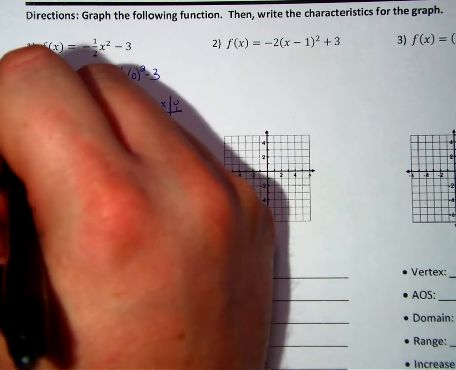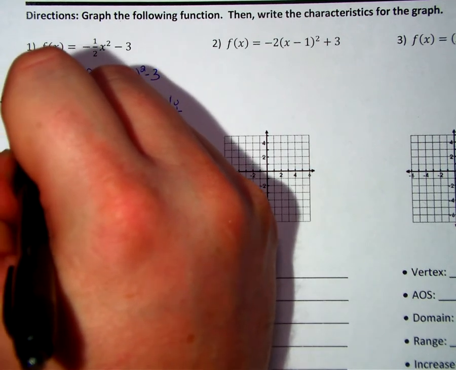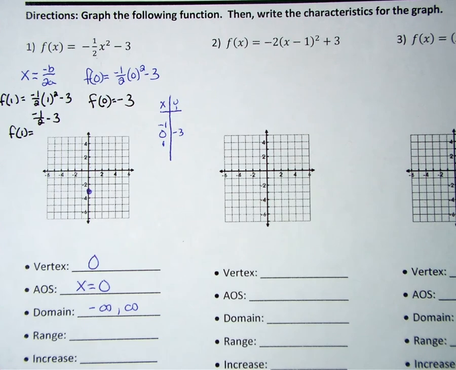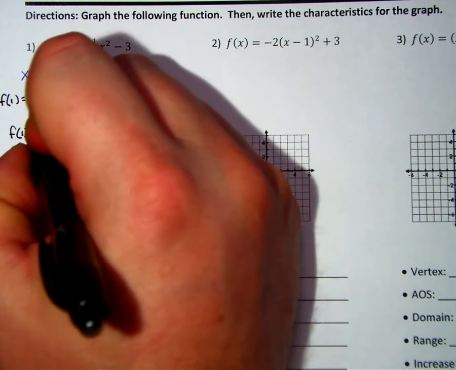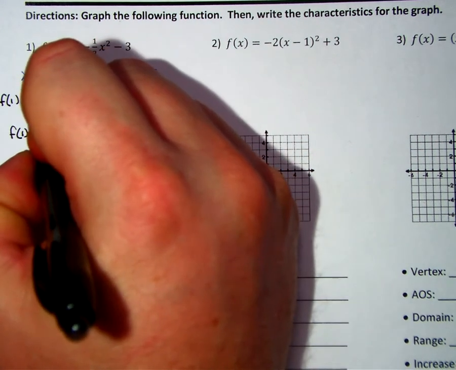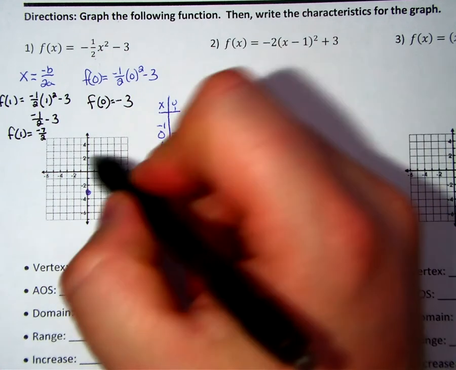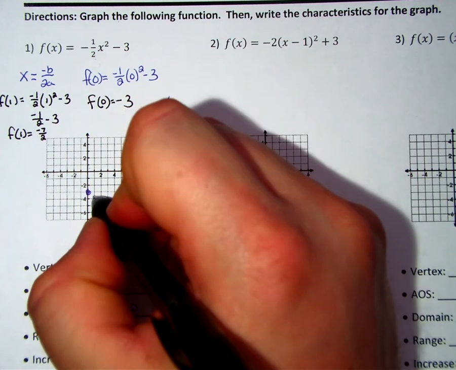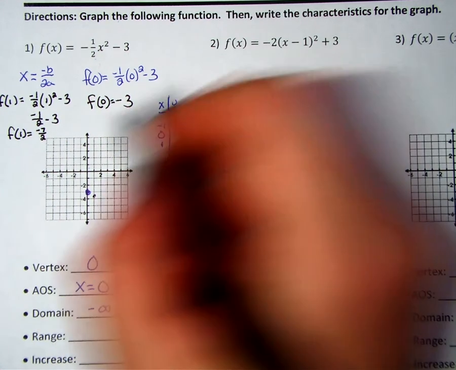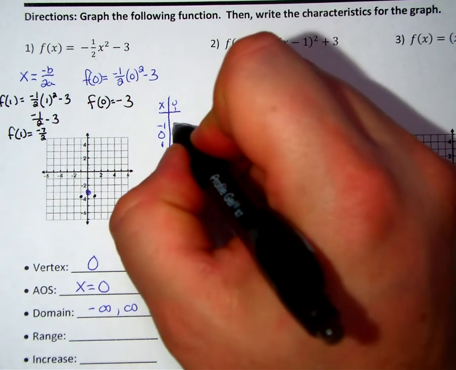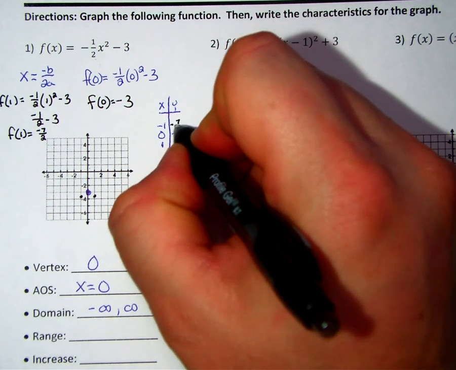Minus 3, so f of 1 is equal to negative 3 as a fraction over 2 would be negative 6 over 2, which would give us negative 7 over 2, or negative 3.5. All right, so we come forward 1, down 3.5. We come backwards 1, down 3.5. We've found our next set of ordered pairs.